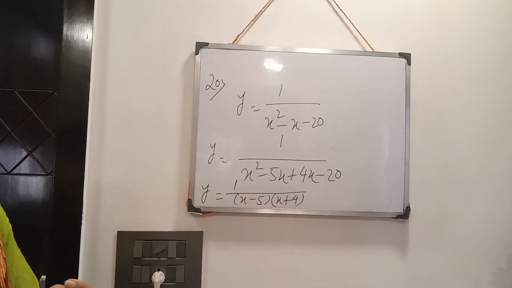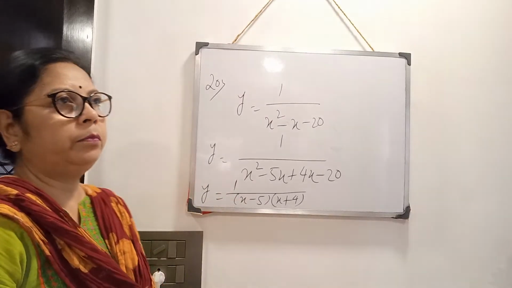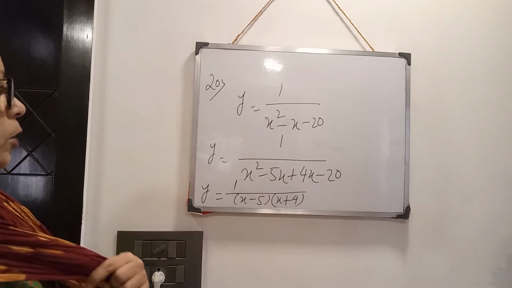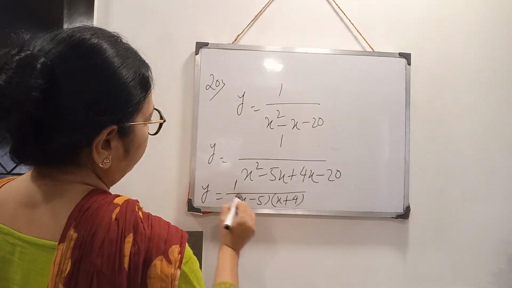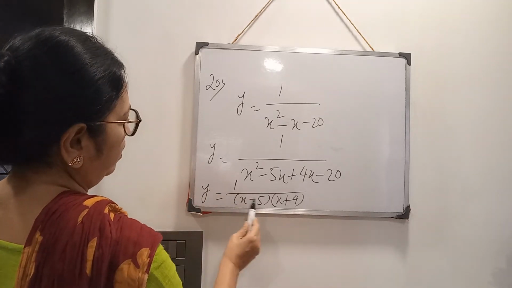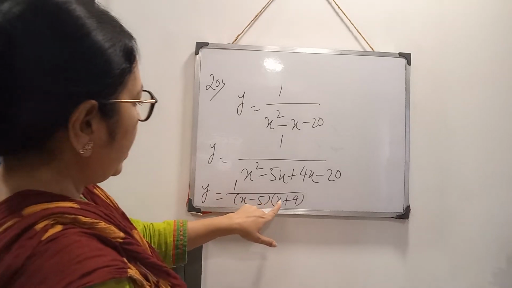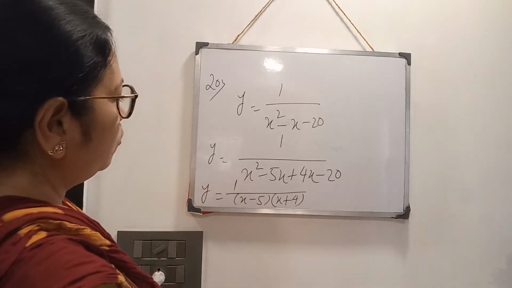Now all of you know, if 0 comes in the denominator, then its value cannot be found out. It will be infinite. If x is 5, 5 minus 5 is 0, and if x is minus 4, minus 4 plus 4 equals 0.